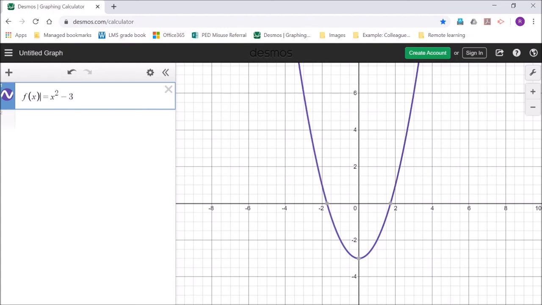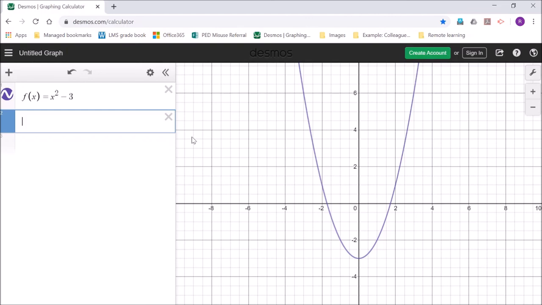Just to explain a little bit, y is a variable that gives a position on the graph, right? But f is the name of a function. So we're naming this function with this name f, and that actually allows us to do a whole bunch of different things using that name to refer to the function.